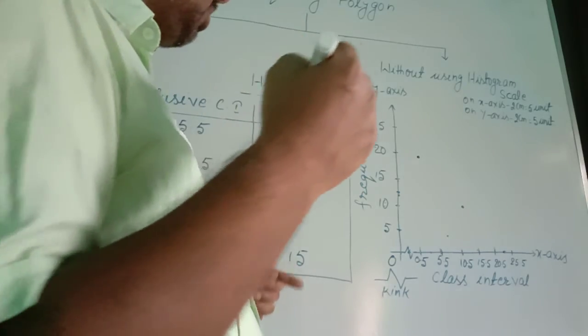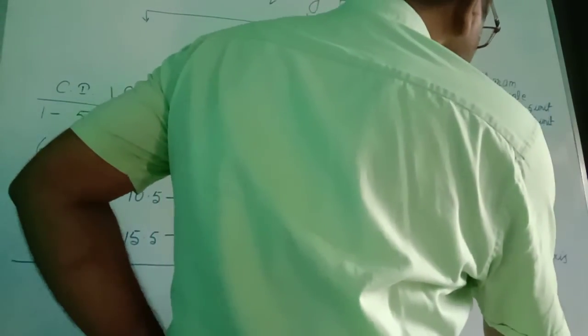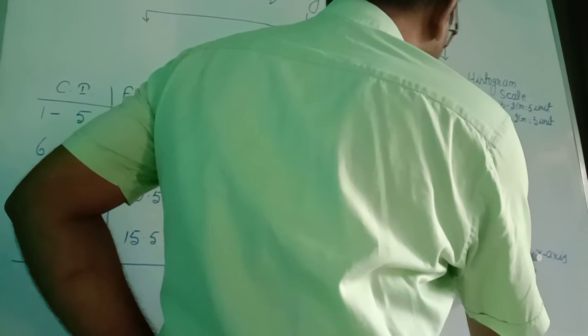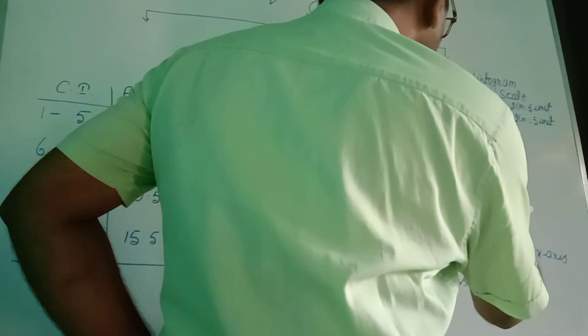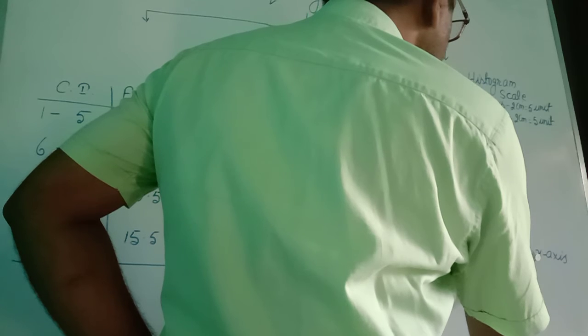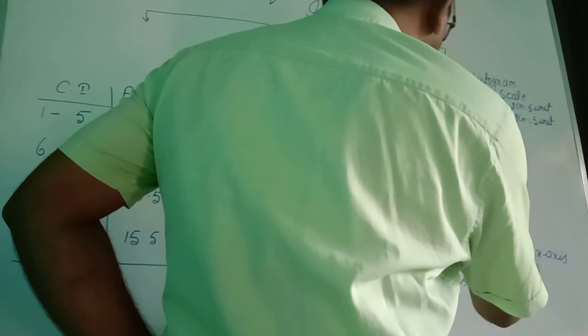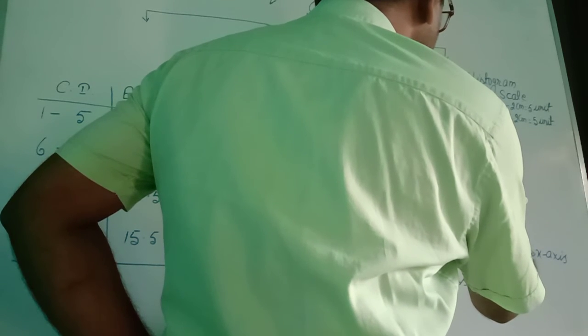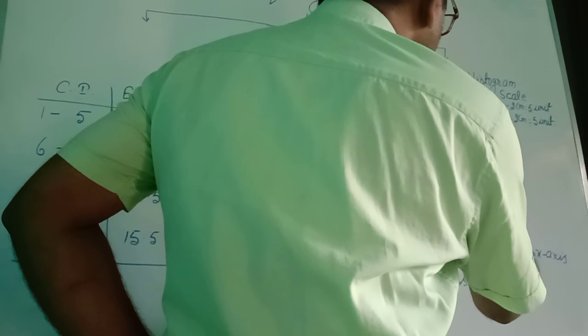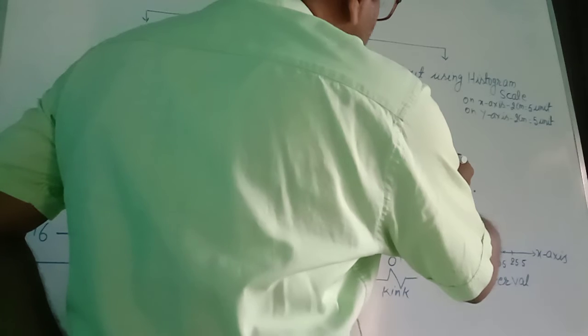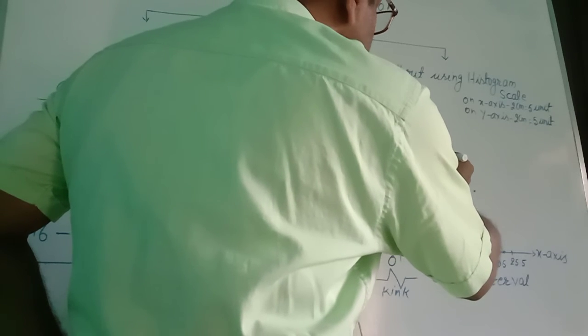Now the last is 15.5 to 20.5. The frequency is 15. Come to the middle point, go above, and just in front of 15, because the frequency is 15, you give a point. Now what will you do? Use a scale to join all these middle points.